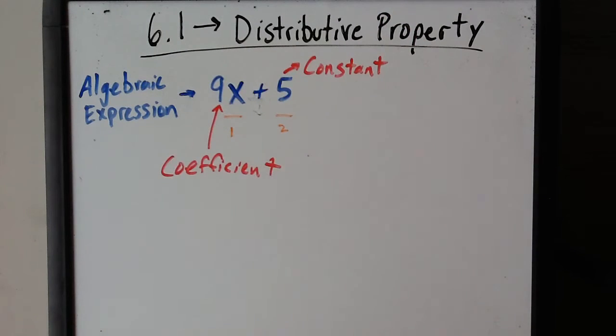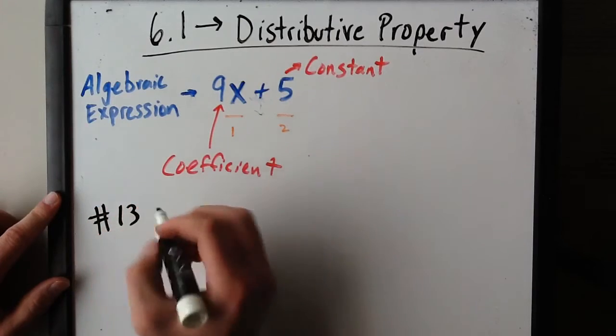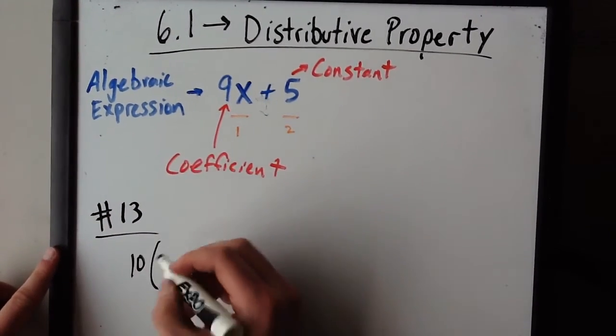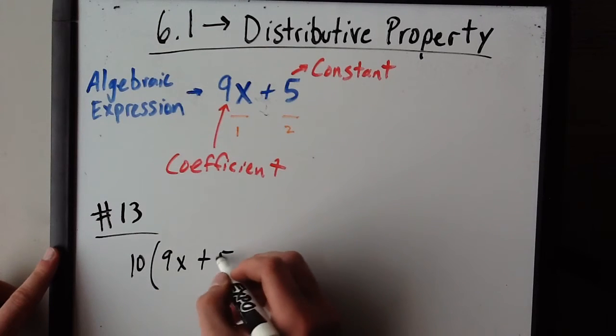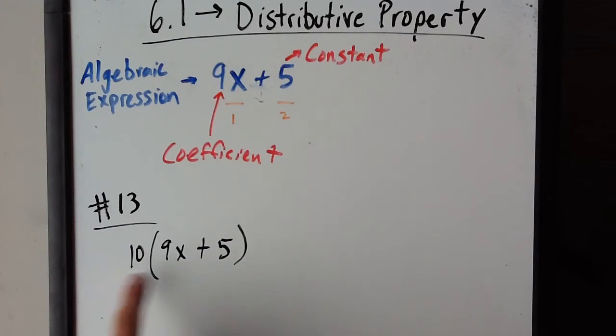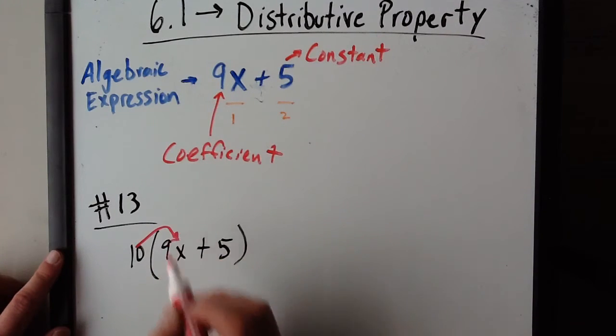Now, on your 6.1 packet, page 1, I'm going to do number 13. Number 13 has you using the distributive property. You have 10 times 9x plus 5, and you need to distribute. So here we have a number times an expression. To distribute the 10, you multiply 10 times all the terms inside the parentheses.